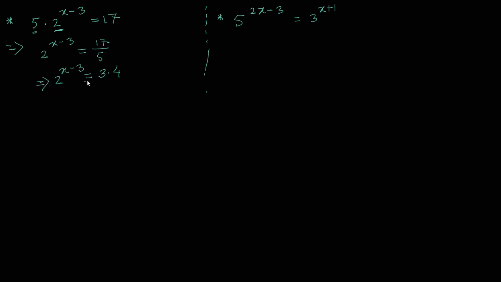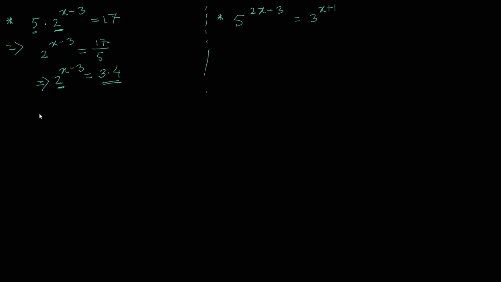Now if you see, I am not going to be able to express 3.4 as 2 power something. That means both sides I will not be able to express with the same base 2. So when you encounter this type of situation, you simply take the logarithm on both sides, either the common logarithm with base 10 or the natural logarithm with base e.